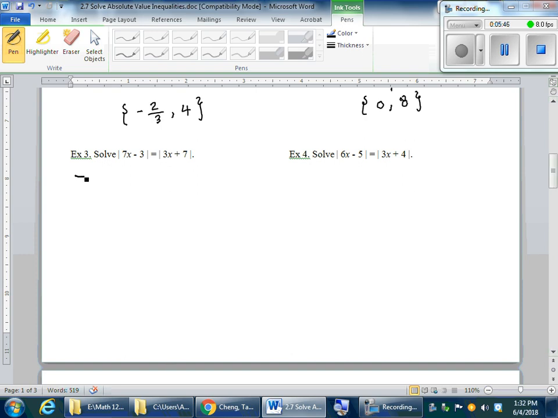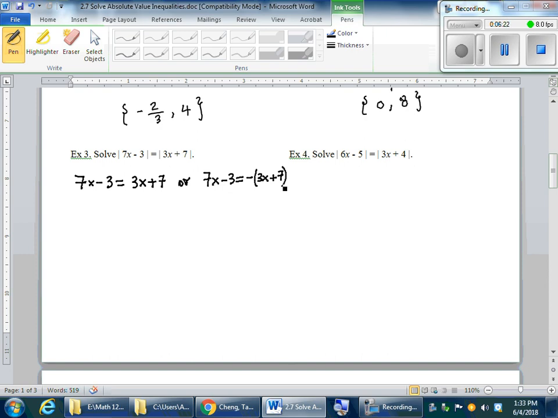So 7x minus 3 is equal to 3x plus 7, the original number, right? Or 7x minus 3 is equal to the negative of the original number according to the definitions, plus 7.